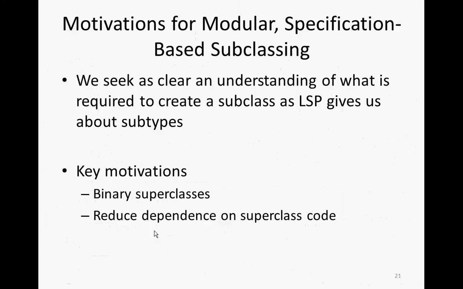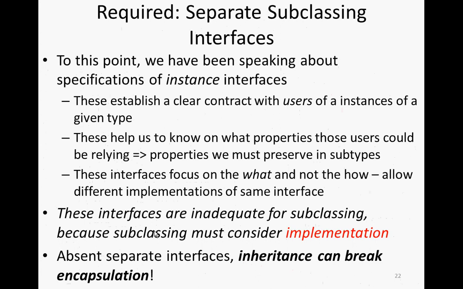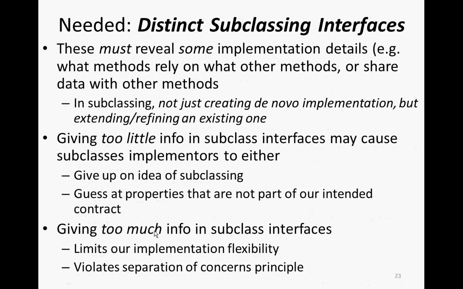To handle this, there's a couple different ways, and in 4.7 normally I cover this in more detail. What I wanted to present, the additional thing which I mentioned today but didn't provide an example of, is this issue of distinct subclassing interfaces.